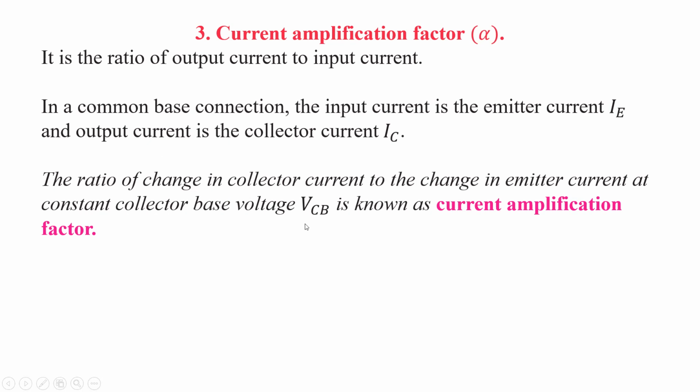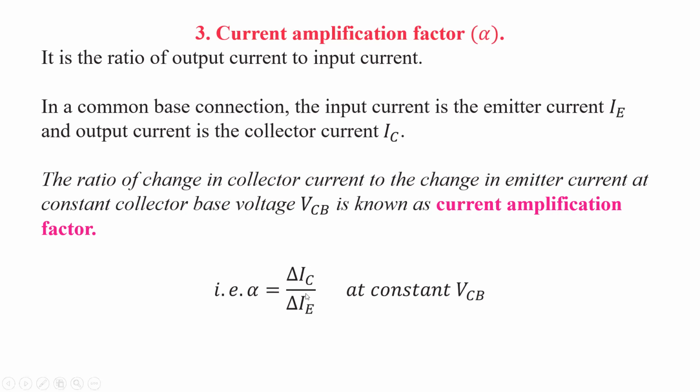Mathematically you can represent this as alpha equal to delta IC by delta IE, observed at constant VCB. Or for calculation purposes, you can take alpha as simply IC by IE also. Here I have represented it as change in IC divided by change in IE, but you can take it as IC by IE also.